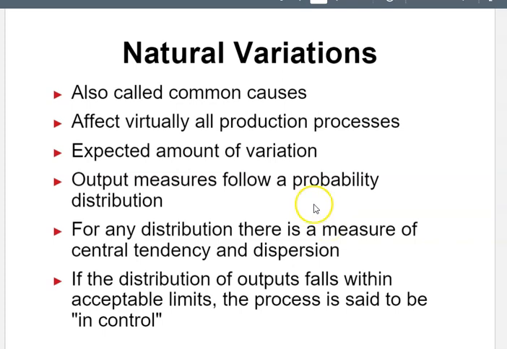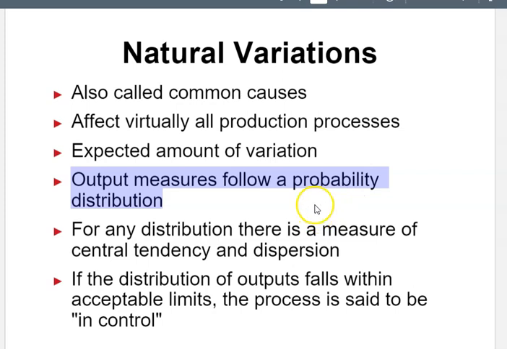So natural variation, also called common cause, affects virtually all production processes. Expected amount of variation; an expected amount is what we can actually calculate on average. Output measures follow a probability distribution.